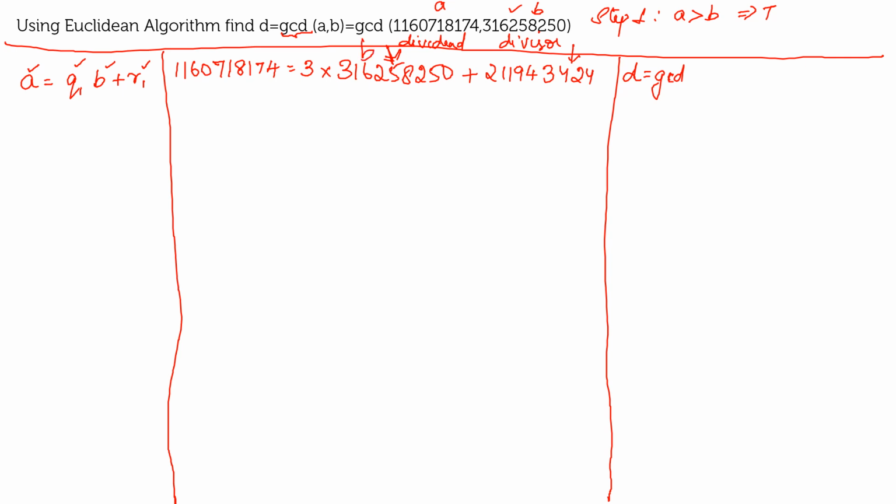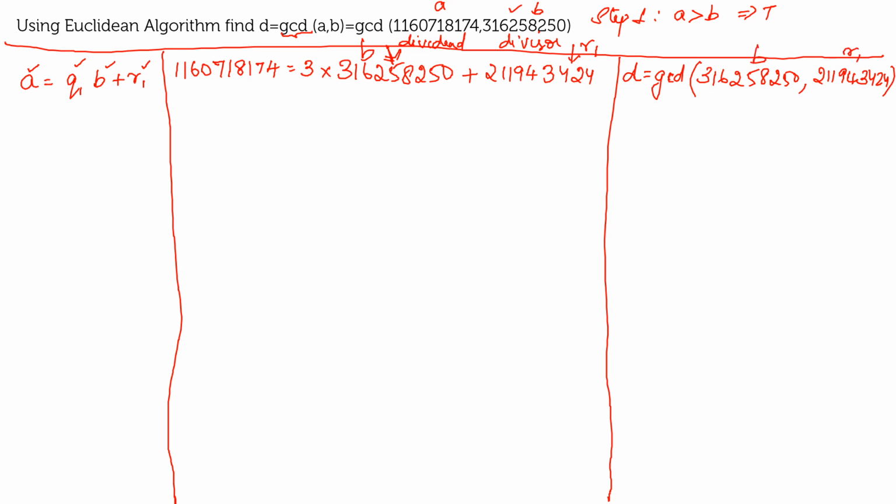So this will be your B and this is your R1. So GCD of 316258250 comma 211943424. Okay, now you are going to find the second step, the GCD of B and your R1.